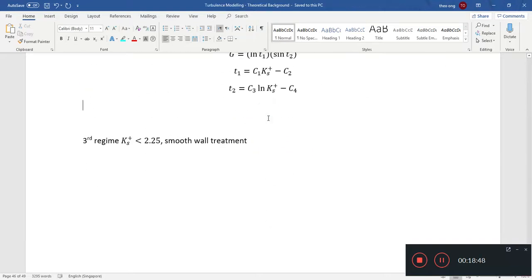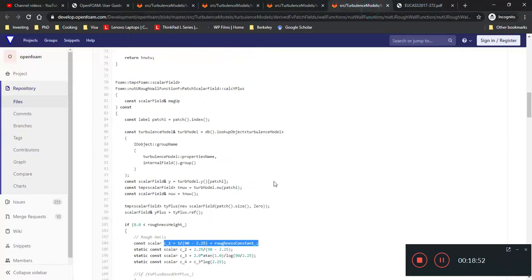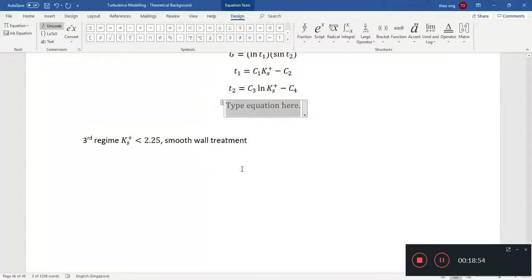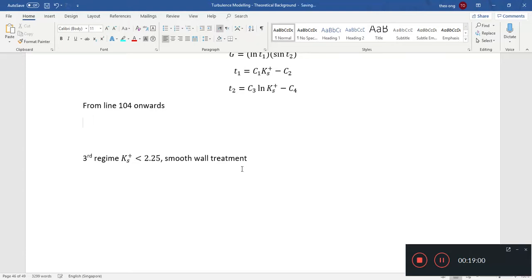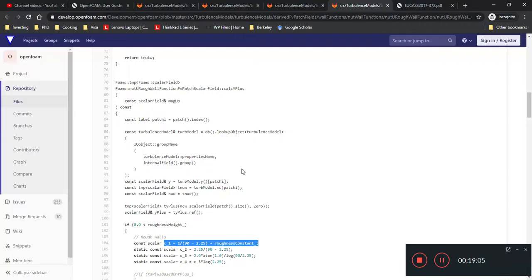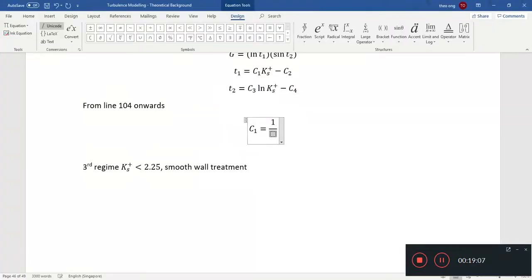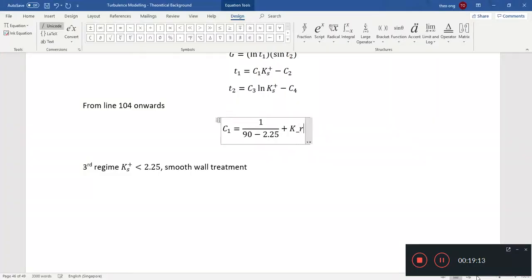So let's do it. From line 104 onwards, C1 equals 1 over 90 minus 2.25 plus K roughness.